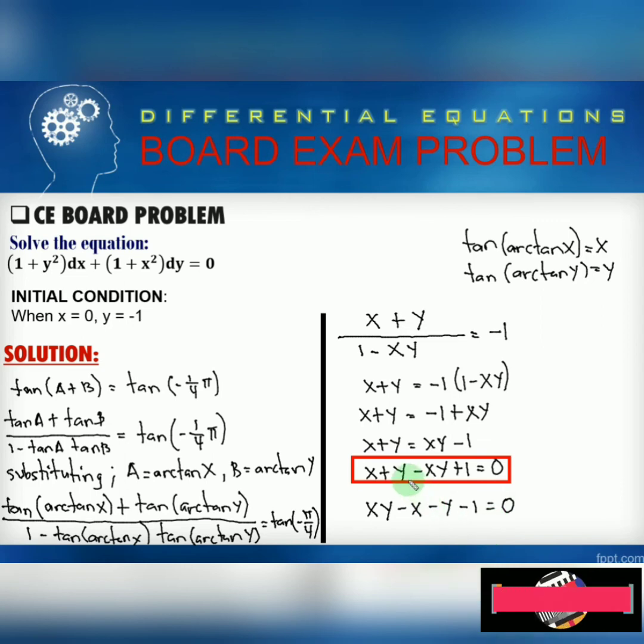You can use this form because if we multiply this by negative 1, the negative XY becomes positive XY, and the others become negative X, negative Y, and negative 1.